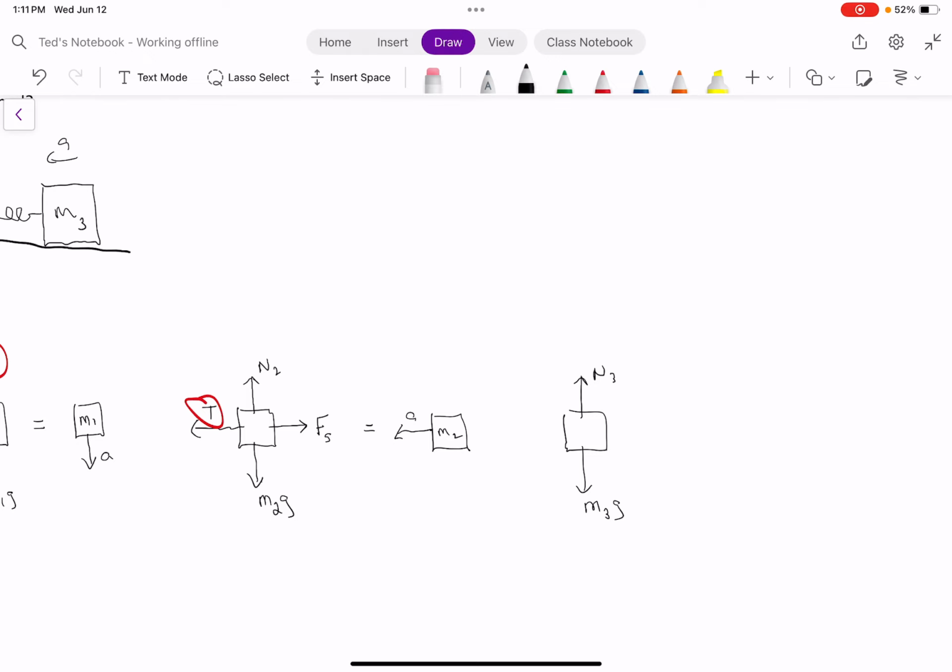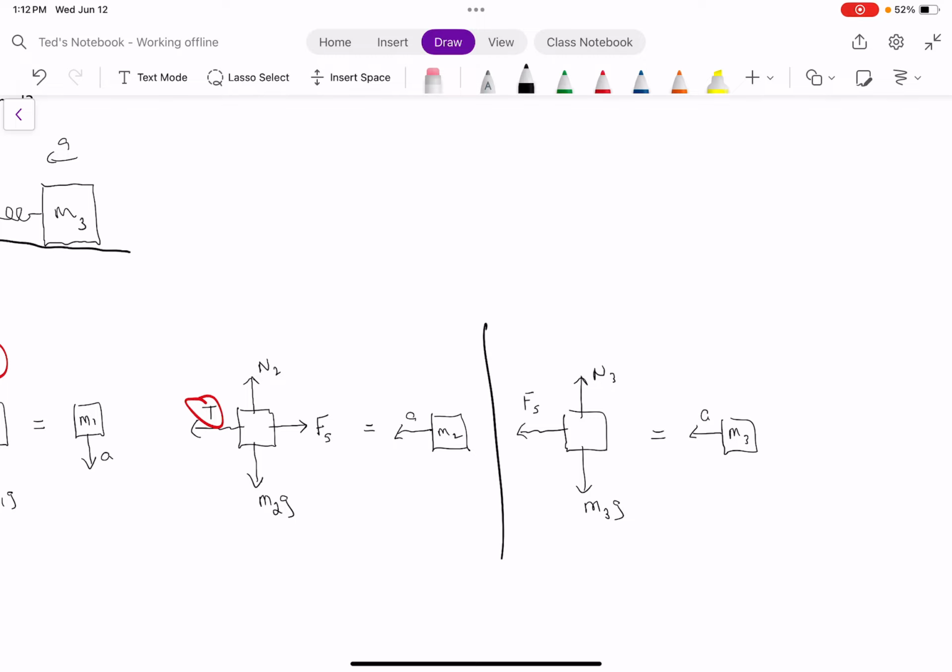We know the spring is pulling it forward, or to the left, I should say. So the force of the spring is to the left. And there is no friction, so there's nothing pulling it to the right. So those three forces together should equal M3 times the acceleration. And again, we know it's accelerating to the left.